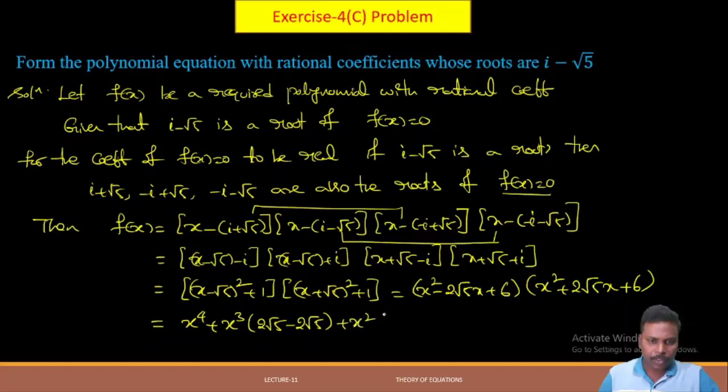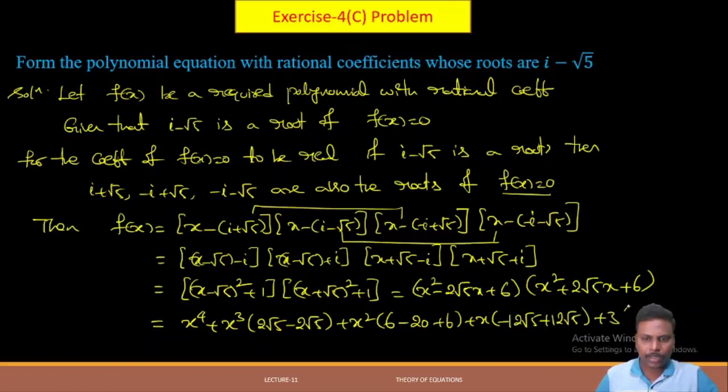Now plus x square coefficient: 6 and minus 2 root 5 into 2 root 5, minus 4 into 5, minus 20, plus 6, plus x coefficient: minus 2 root 5 into 6, so it is minus 12 root 5 plus 12 root 5, plus 36.